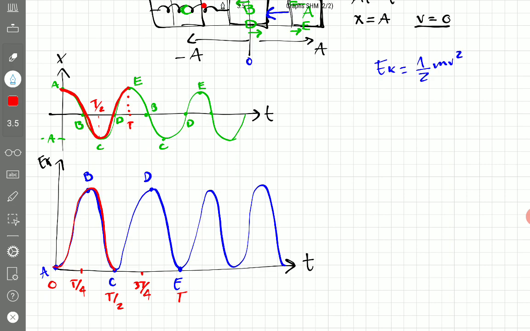So you would say that it has completed one full cycle, but actually that takes you only until T over 2. So you still have half the oscillation to complete. So in one oscillation of displacement, that is in one whole period, the energy cycles twice, right? And the reason is that the energy is always a positive quantity. So what happens in the first half of the period will be repeated after the second half of the period.